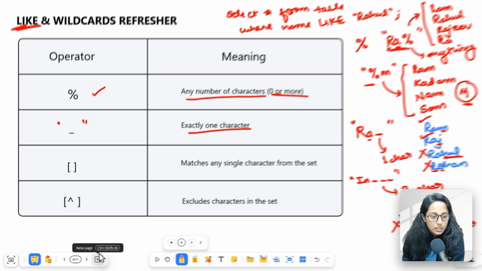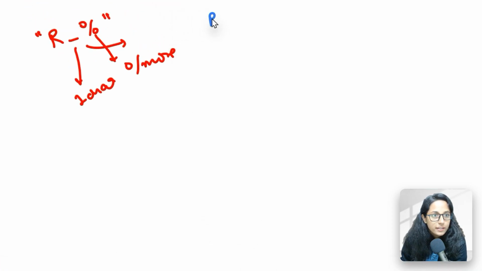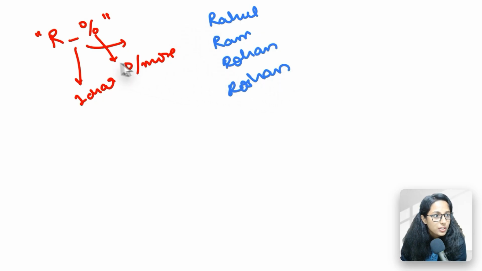So, let's see a couple more examples. If I have R, underscore, and percentage, what does this mean? This underscore means only one character. This percentage means zero or more characters, right? So if I have Rahul, Ram, Rohan, Roshan, do you think this satisfies all of the strings here?